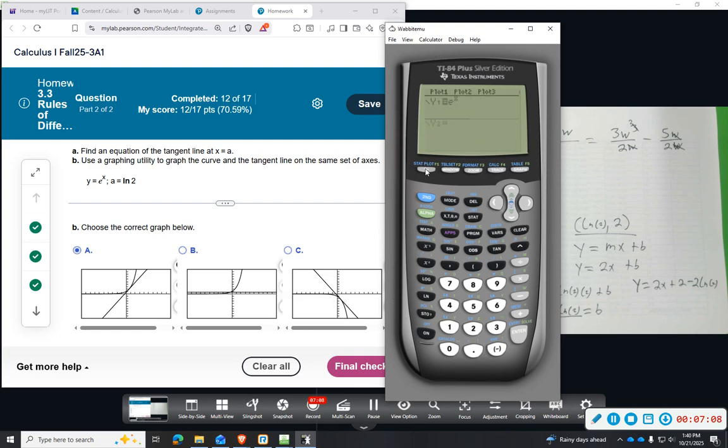And then we go back to y equals, and we go to y2, and we're going to type in our tangent line, 2x plus 2 minus 2 ln of 2. And then when we graph that, see that line goes through, and it looks just like A.